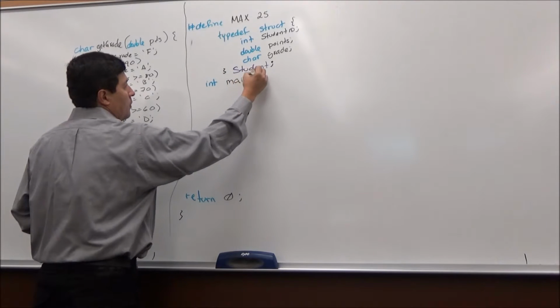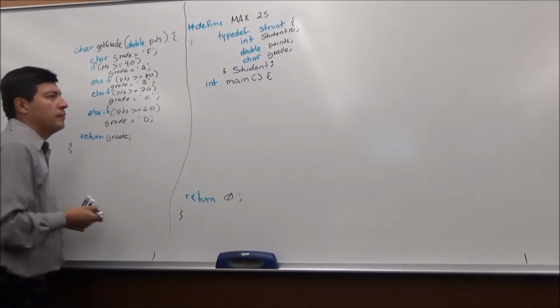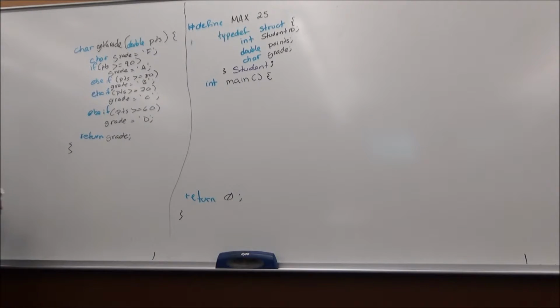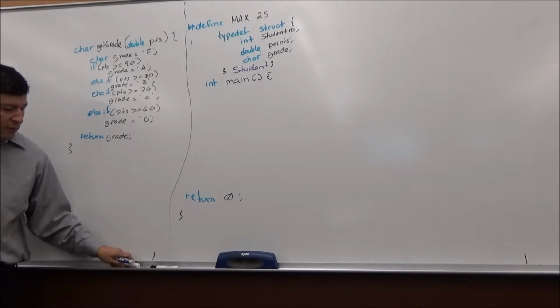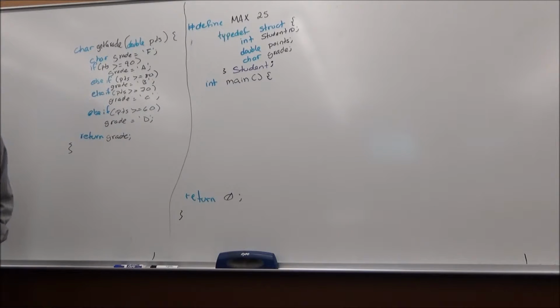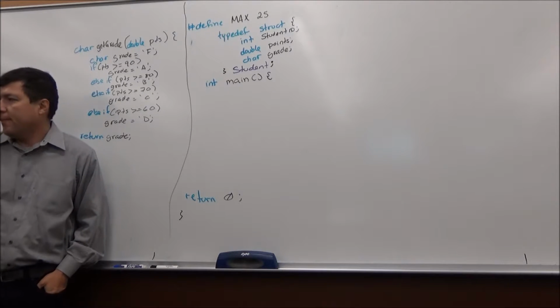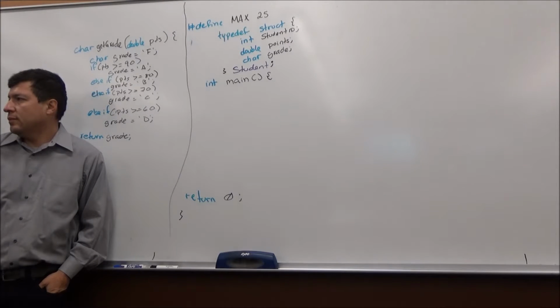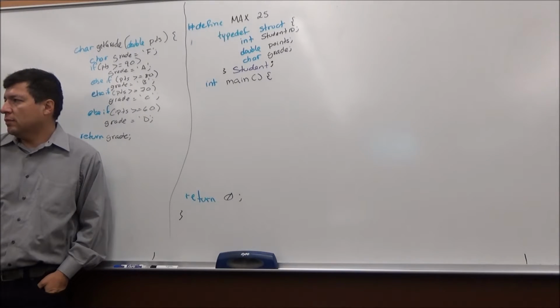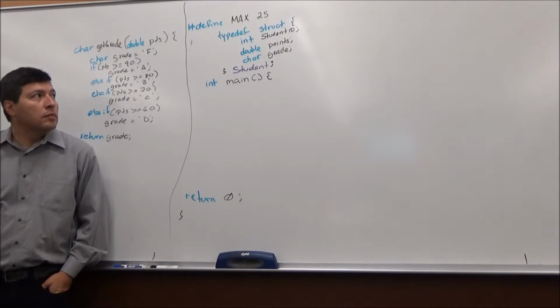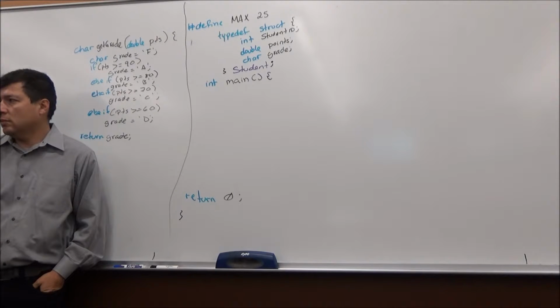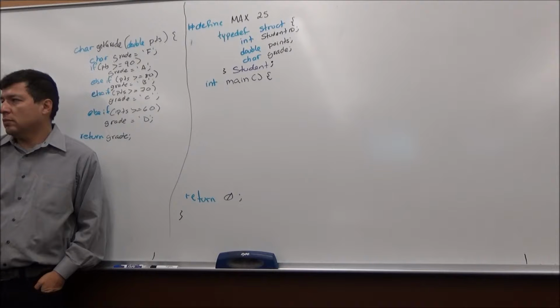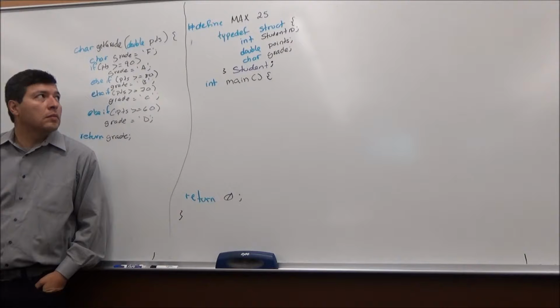So here's my main. The struct is not a function. It's the data type struct. In order for it to make its own student data, it needs to be inside the delimiters, because it doesn't have parentheses.